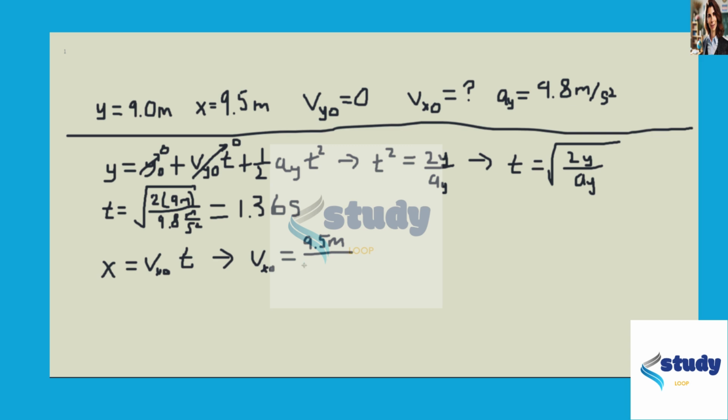Divided by the time, which is 1.36 seconds. If you carry out this calculation, you'll find that this equals 7.0, and meters per second are the units. Box that in, that's our solution.